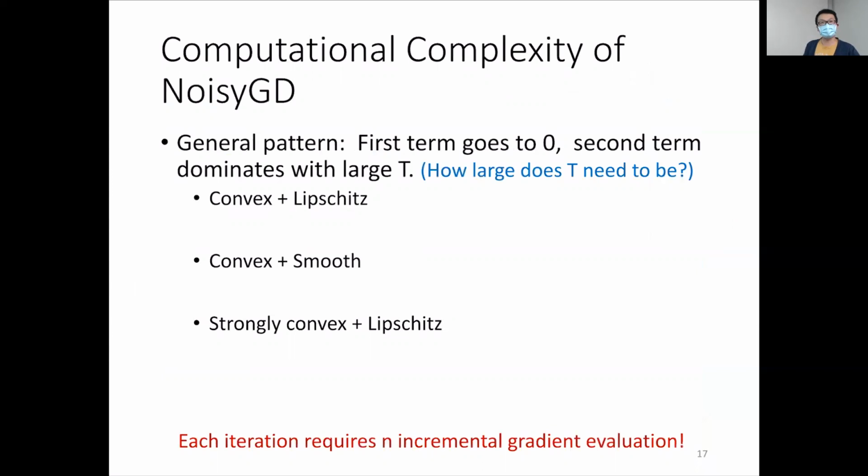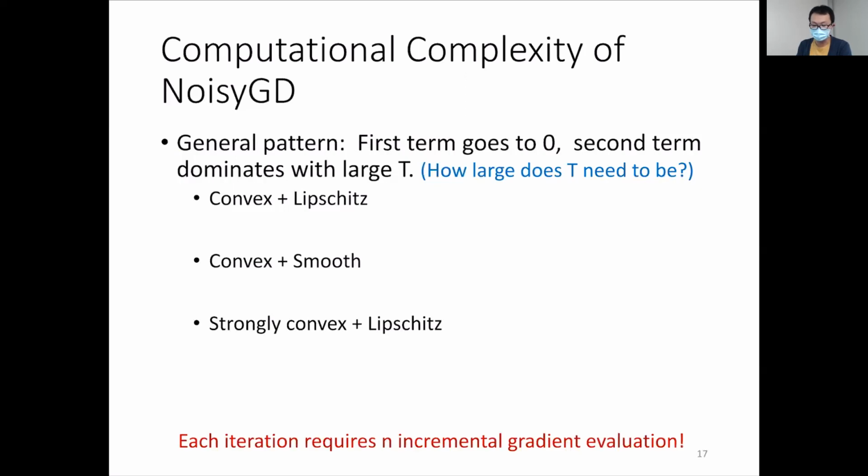So far we've seen a consistent pattern among all these convergence bounds: there are two terms, and the first term goes to 0 as t goes to infinity. Sigma squared grows with t, but their ratio remains a constant, proportional to the CDP parameter rho that we set ahead of time.